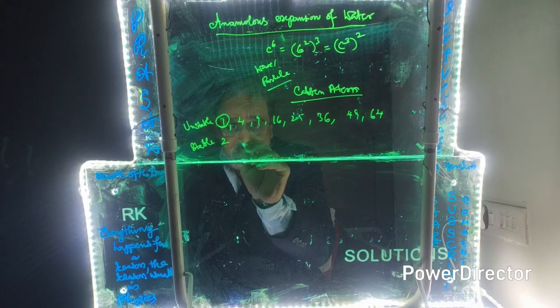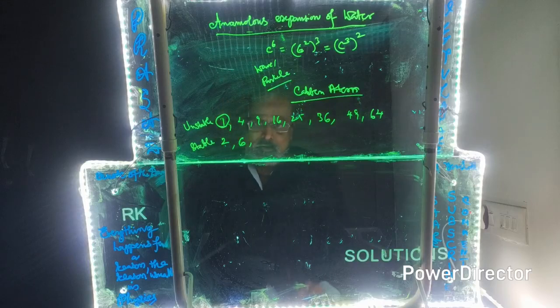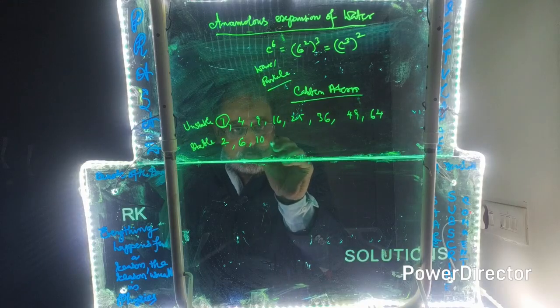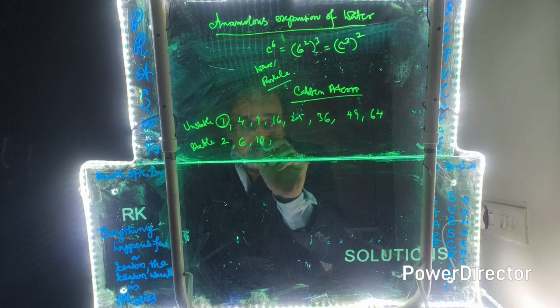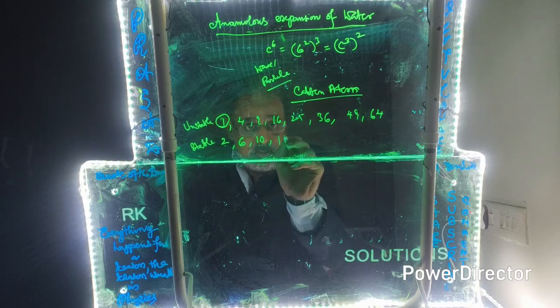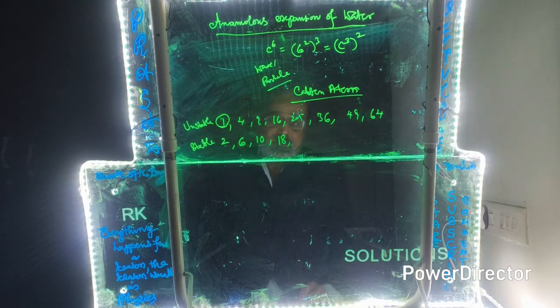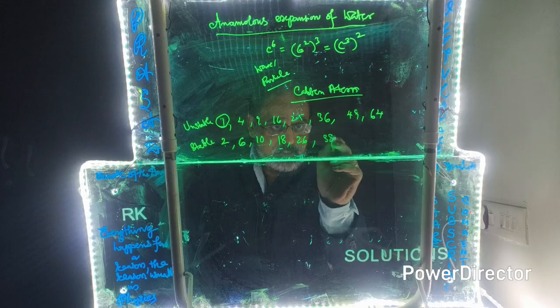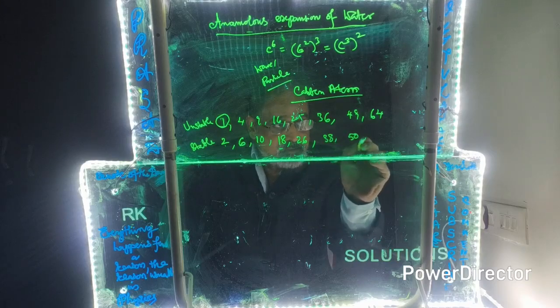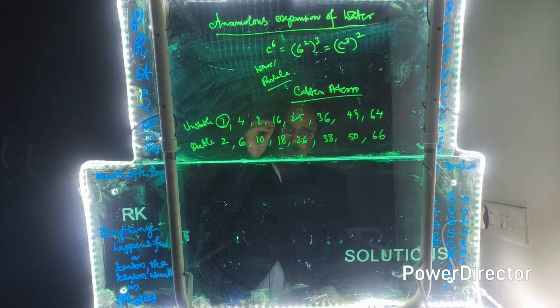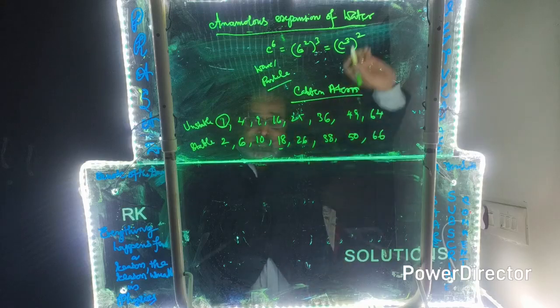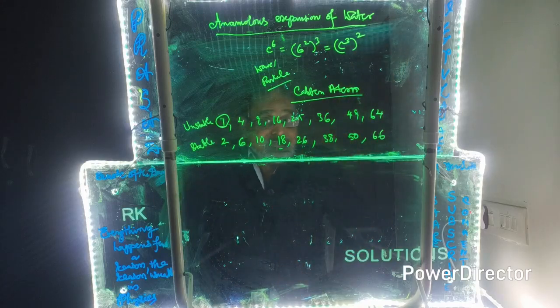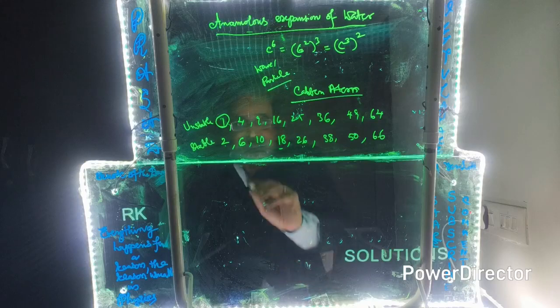1 becomes 2, 4 acquires 2 more to become 6, 9 takes 1 more and becomes 10, 16 takes 2 more and becomes 18, this takes 1 and becomes 26, it becomes 38, this becomes 50, it becomes 66. These are basically nothing but the elements.